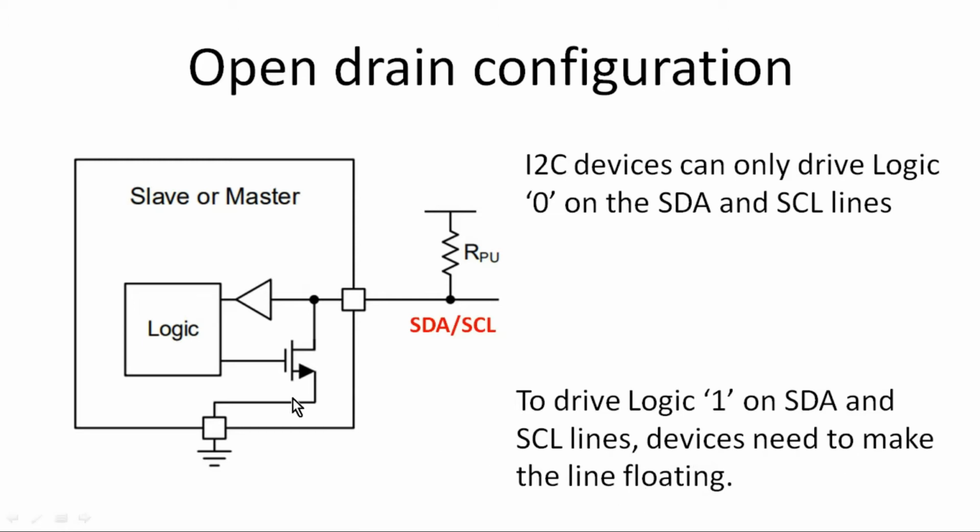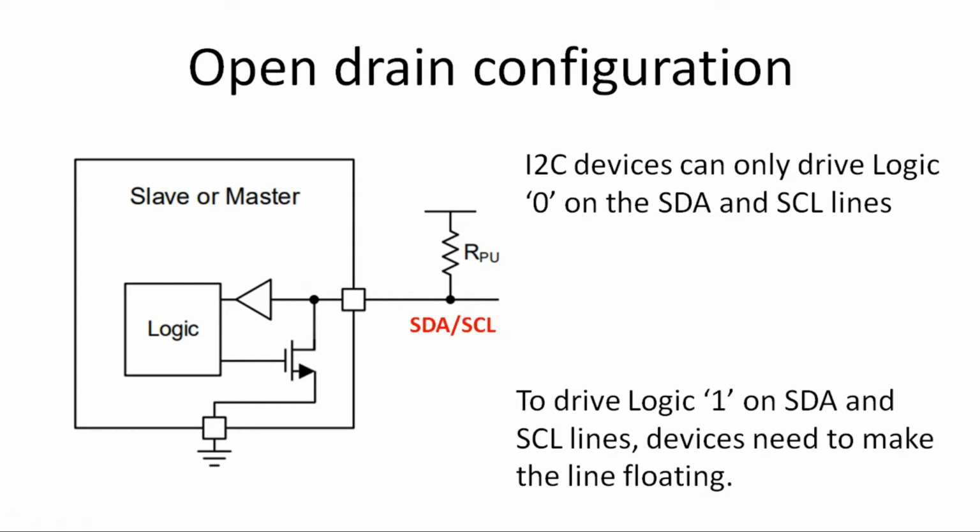What I mean is, if this device wants to make the status of the SDA or SCL line logic 0, then definitely it can drive logic 0. But in case this device wants to make the status of the line logic 1, it cannot do it. In that case, it simply needs to make this line floating, and from the voltage supply, the status of this SDA or SCL line may go high.